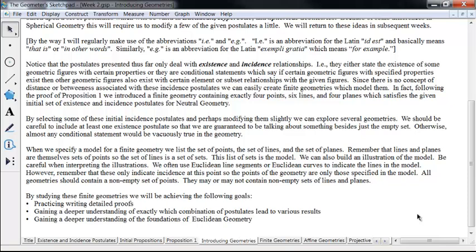So every geometry should have at least one point in it. We're not talking about the empty set. And of course, to do that, we'll need an existence postulate that says that there exists something. But they may or may not contain lines or planes. A lot of what we're going to be dealing with is planar geometry, in fact most of the course.